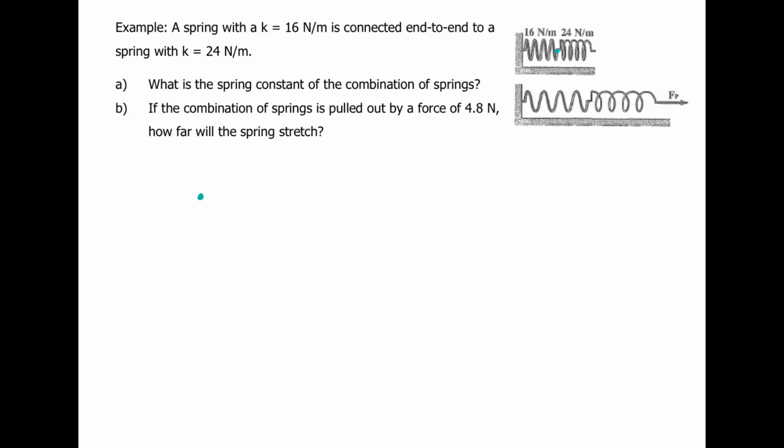I'm going to have the center here. And then one spring will pull one way and one will pull the other way. So we have one force of spring and then the other force of spring, right?